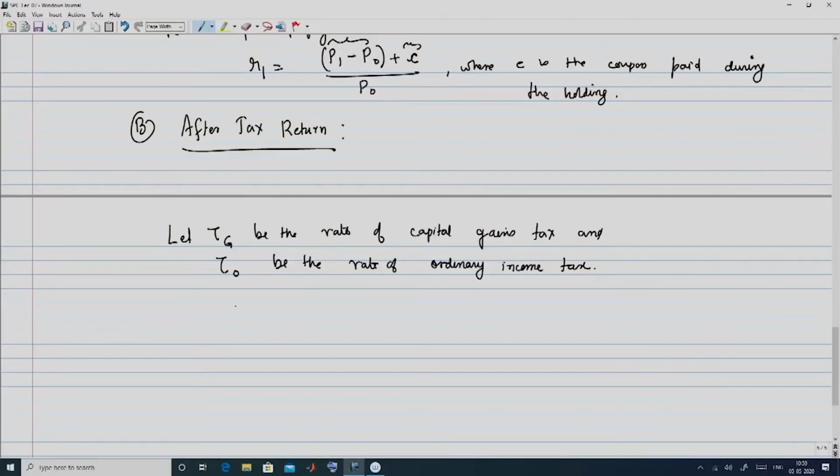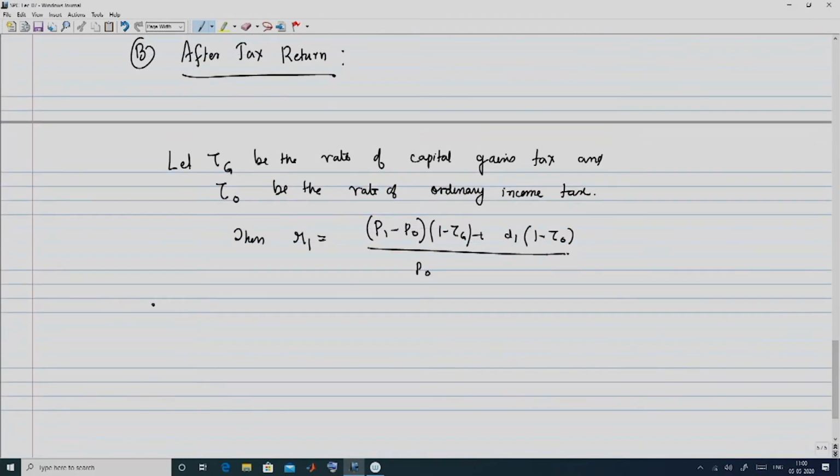So, the rate of return R, as before, is going to be P1 minus P naught plus D1 divided by P naught, but please remember that on the amount of P1 minus P naught, you have to pay capital gains tax at the rate of tau G. So, the amount of money that remains with you is P1 minus P naught times 1 minus tau G, and also for the dividend you have to pay the income tax at the ordinary rate. So, on the amount of D1, after having paid the ordinary income tax at rate tau O, you are left with an amount of D1 times 1 minus tau O.